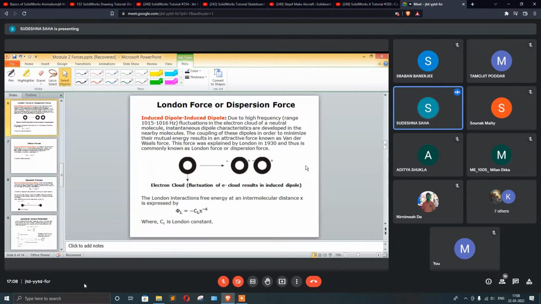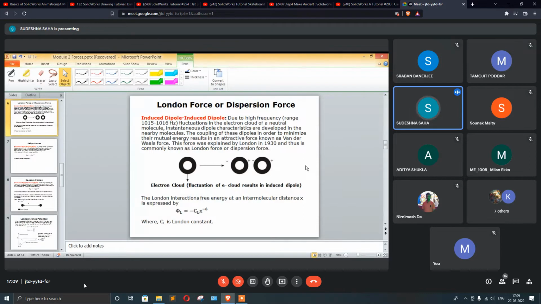Okay, but obviously, from the title itself you understand that there is a force generated due to this induced dipole moment, and that force is termed London forces. This is a very weak force, but on the contrary a very long range force, and it will be present even though there is no surface charge present on a molecule, atom or surface.